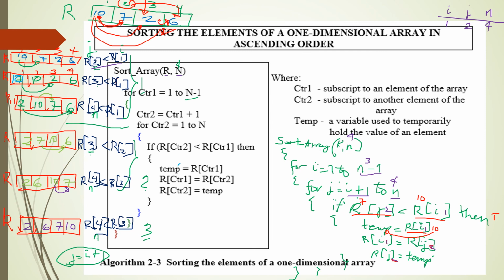So, we have variable temp. And the value of temp is 10. Okay? And then next, R sub 2. R sub 2 is 7. So, 7 will be assigned to R sub 1. Okay. So, in our array, ganito siya.